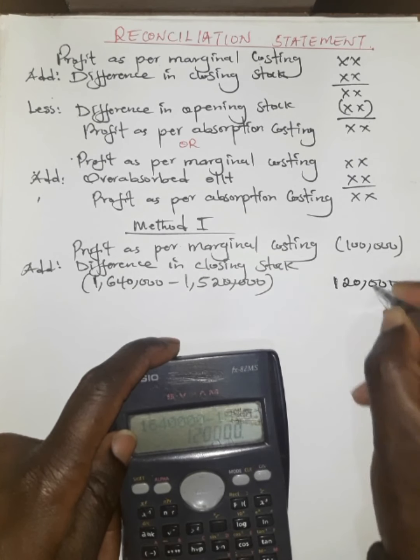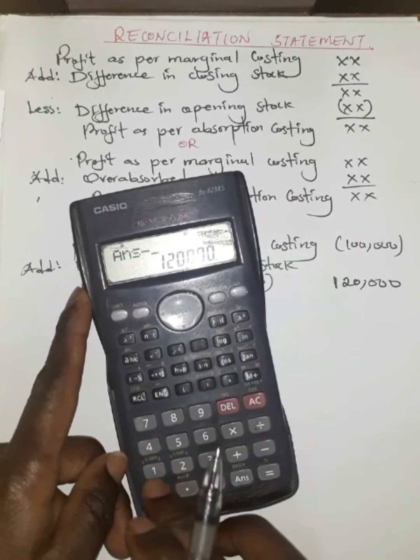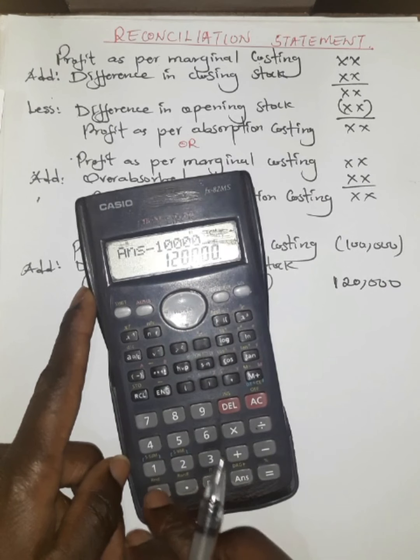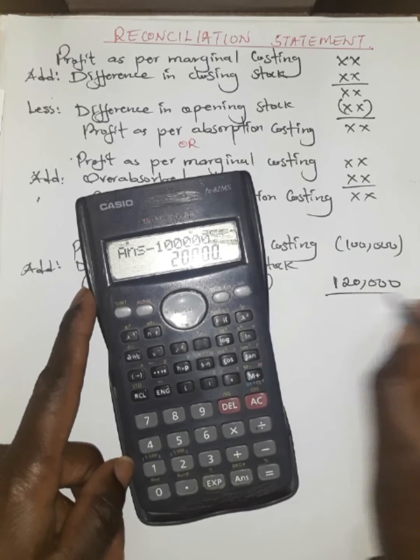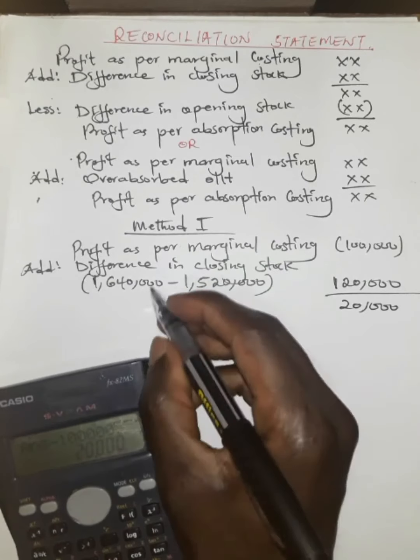which is positive. We are adding it to a negative number. It is the same as subtracting 100,000. We get a value of 20,000. And this one should be the profit as per the absorption costing.